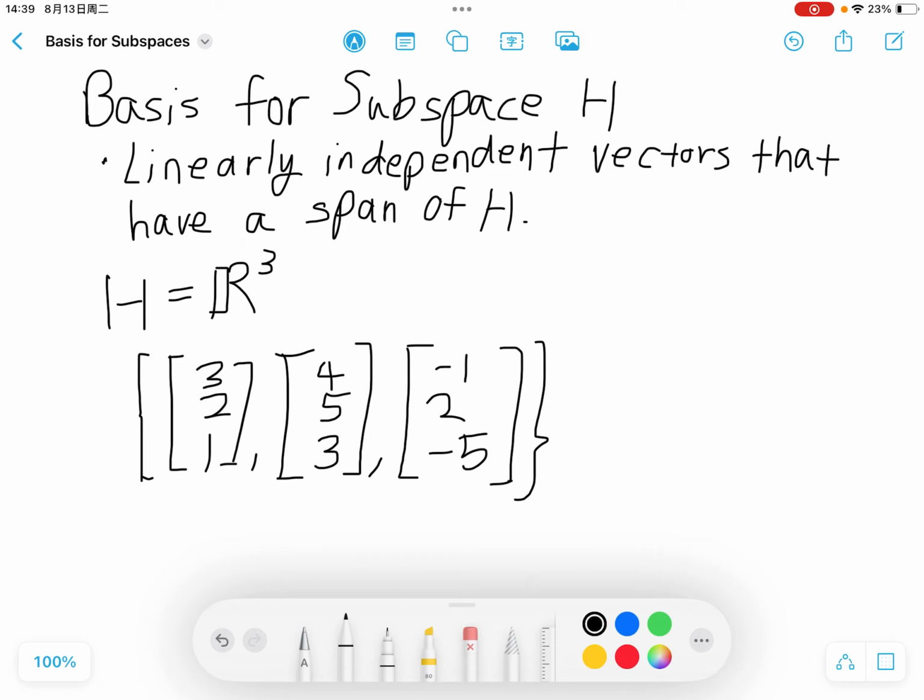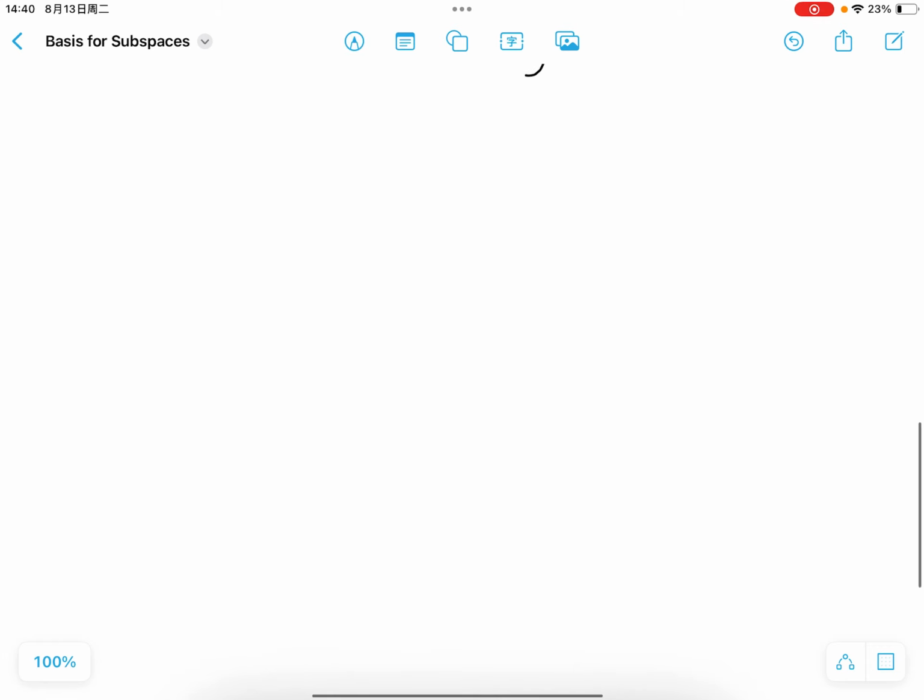Because if they do, then the answer here is going to be yes, they are a basis for subspace H. So do they have a span of R3? Well, yes, they do, because if the three vectors are linearly independent, then they do have a span of R3. So the first question here is going to be true.